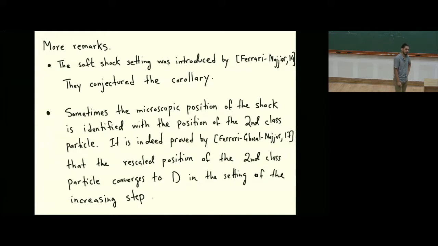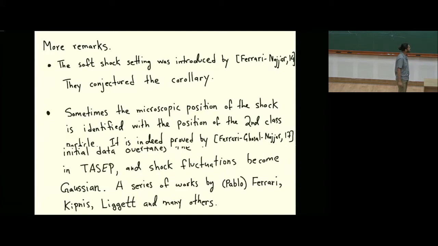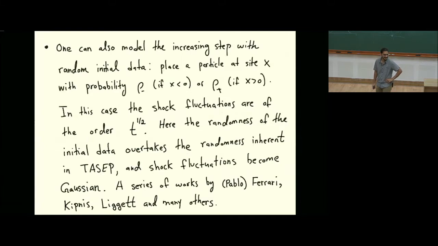Not for deterministic initial data. So that's the content of the next slide. I said at the very beginning that when you're modeling these densities, you have to use deterministic initial data. You can ask what happens if you model the density by random initial data. So integers to the left of 0 have a particle with probability rho minus, and integers to the right of 0 have a particle with probability rho plus.